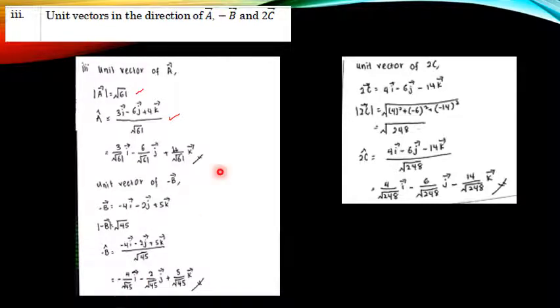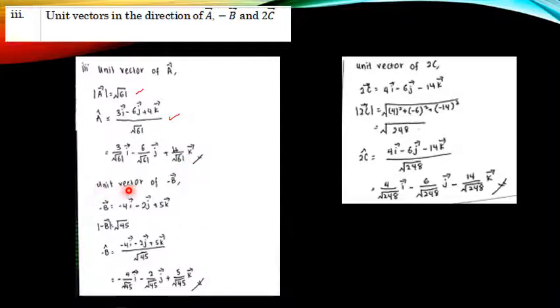The answer for the unit vector of A is 3 over square root 61 i minus 6 over square root 61 j plus 4 over square root 61 k.